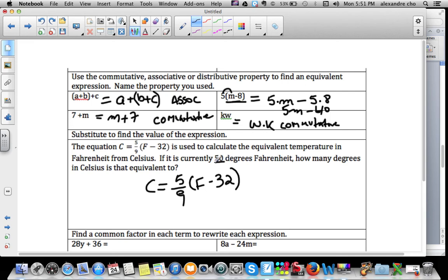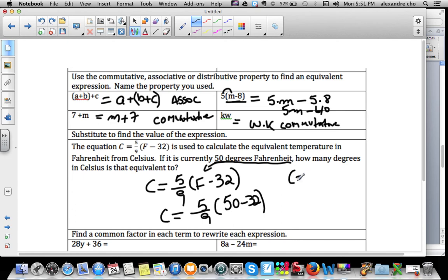What you're going to do is take the 50, because you have a temperature of 50 Fahrenheit, so you're going to switch it right here in the F. So you're going to write C equals 5 over 9, and in parentheses, instead of the F, you can write 50, because that's the value given to you, minus 32.